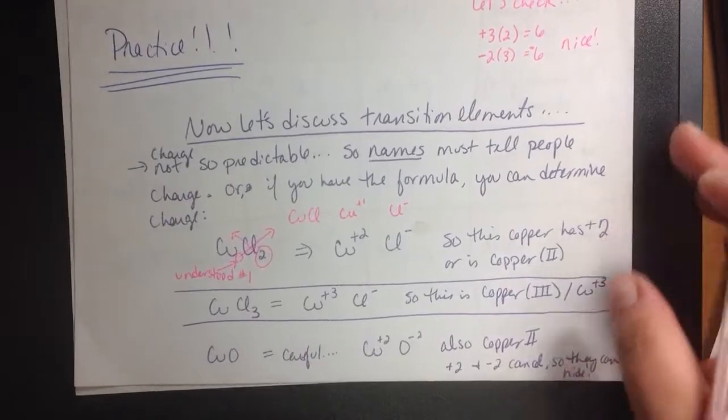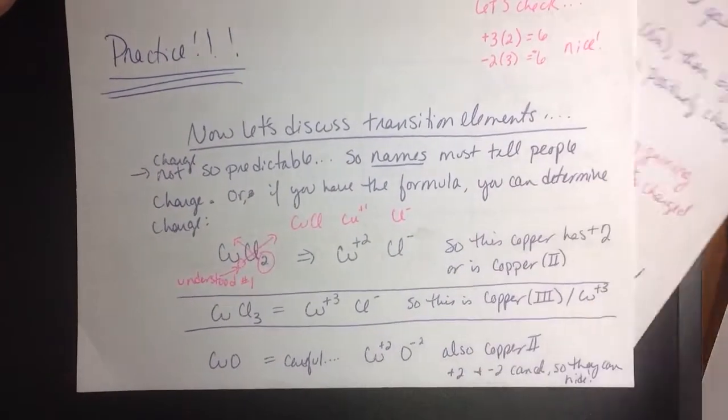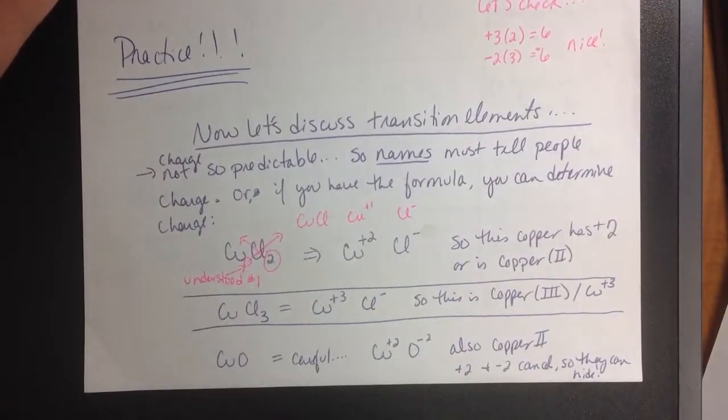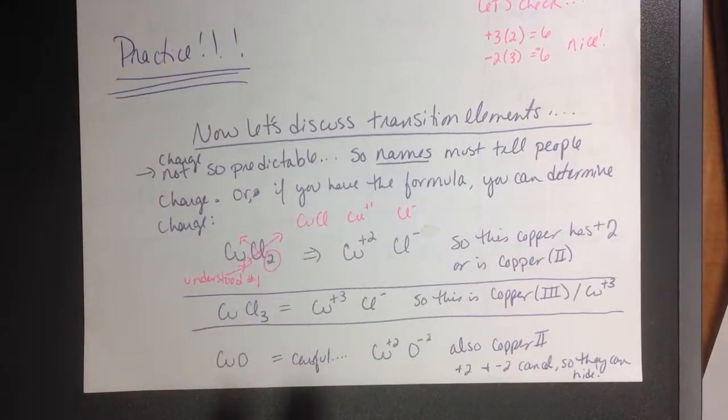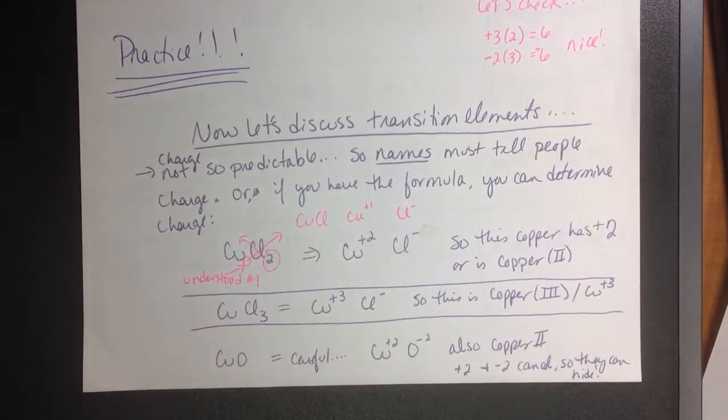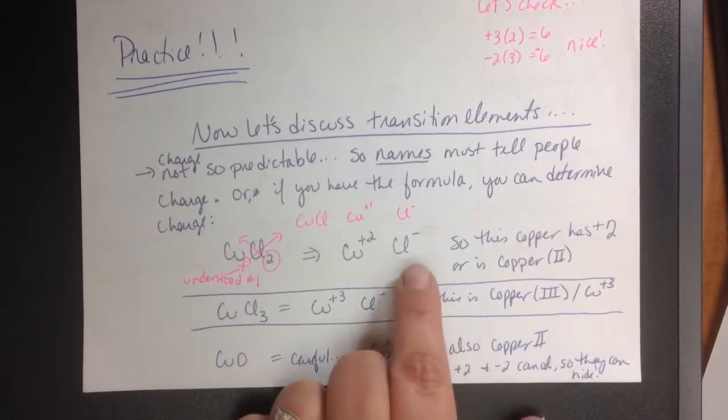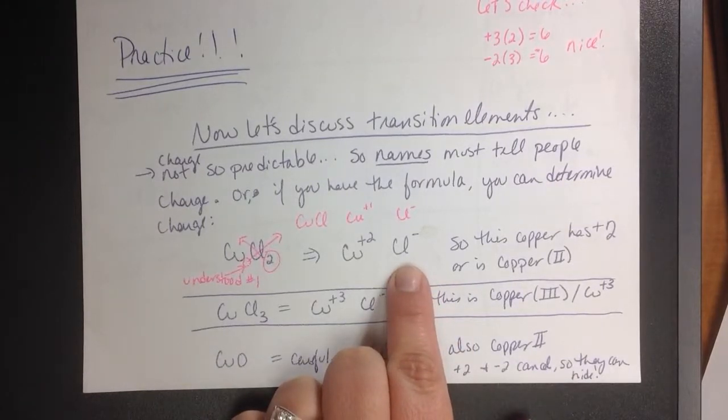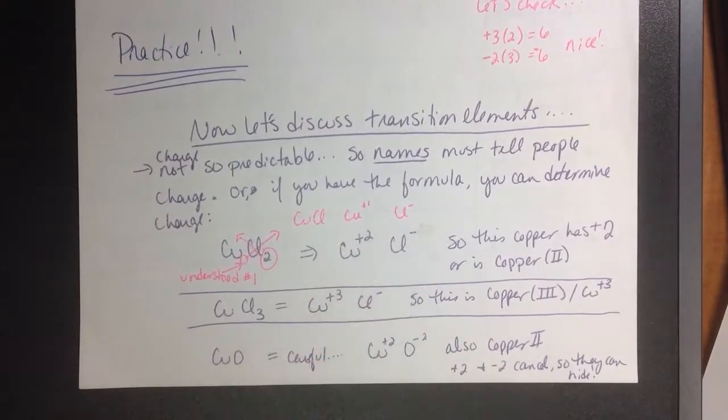Now, when you write the names for these, the names are actually really easy to do for any of them. You state the name of the metal or the cation, and then you put the first syllable of the second element, and you end it with IDE, ide. So this would be copper chloride.